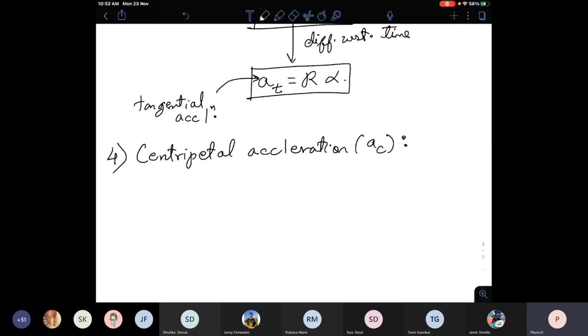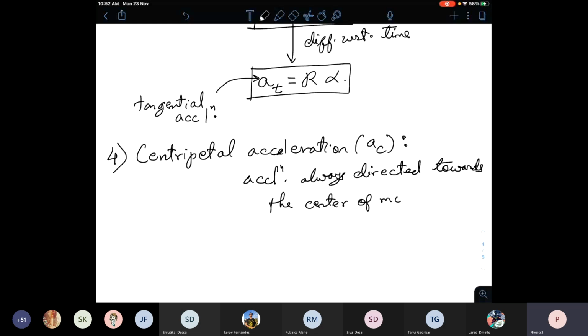If we are talking about centripetal acceleration, the basic is that it is an acceleration which is always directed towards the center of motion.